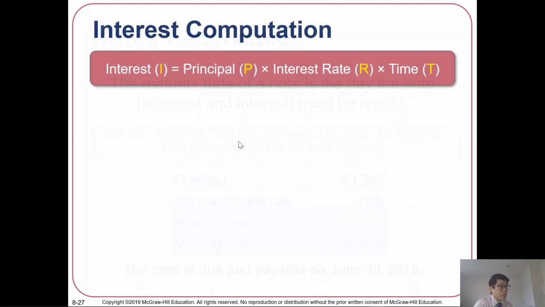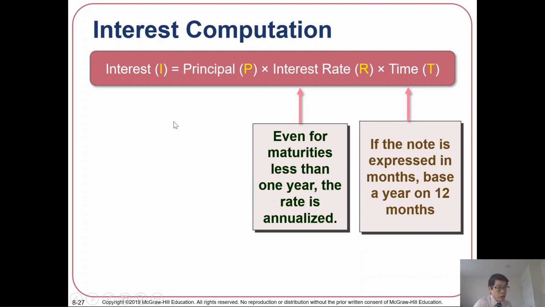All right. So now, how do we calculate interest? This is our interest formula. Interest equals principal times interest rate times time. Even when the maturity is less than 1 year, the rate is annualized, which means no matter what, you are going to have an annual interest rate stated on your note, not monthly interest rates and things like that.